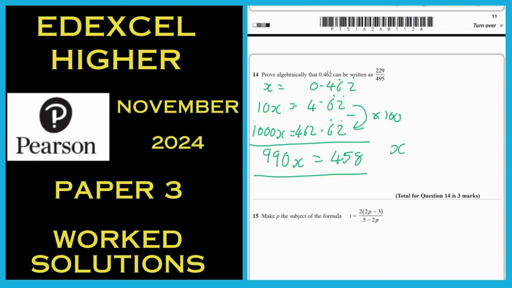And there we go. We now divide by the number next to x. We get 458 over 990, which we can be sure. This is where you can grab your calc to make sure you've got the right numbers. We do indeed get what we've been given, and there we go.